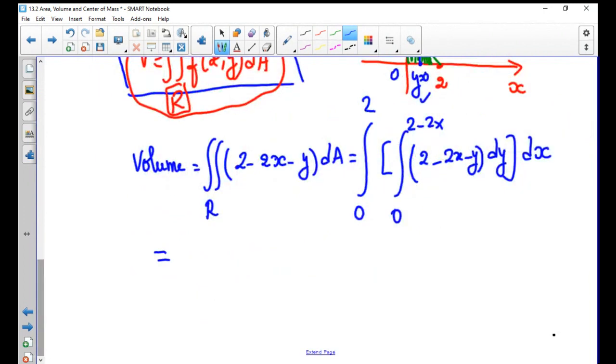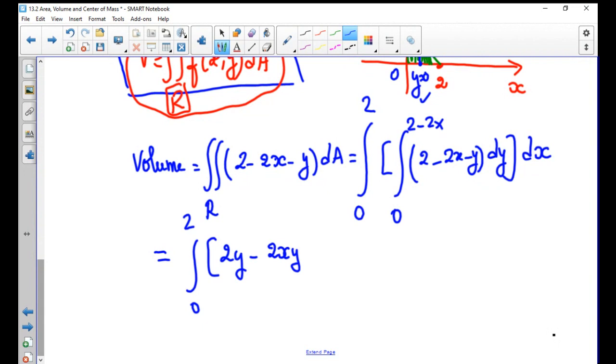So now I need to calculate this. What is the integral of 2, so 0 to 2. So I get 2y there. What is the integral of minus 2x? Minus 2xy, just because it's a constant.